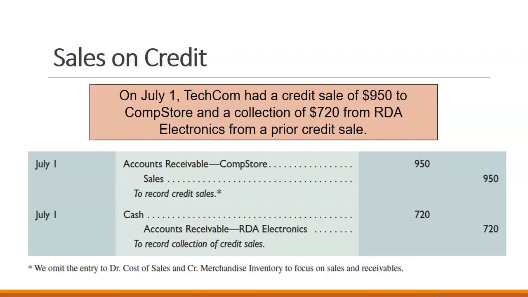When we record the collection of sales, we receive cash and we would credit accounts receivable. You see that we're just focusing on the sales and receivables, but that does not mean that if we were recording for merchandise inventory that we would not also need the transaction for cost of goods sold and the merchandise inventory account.